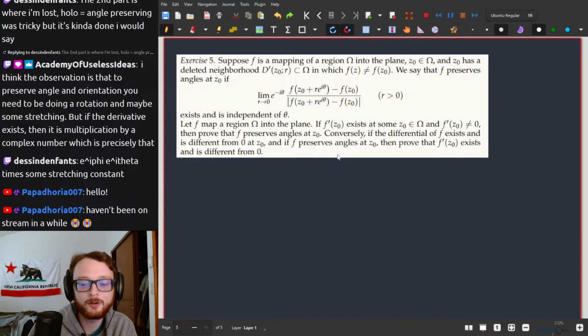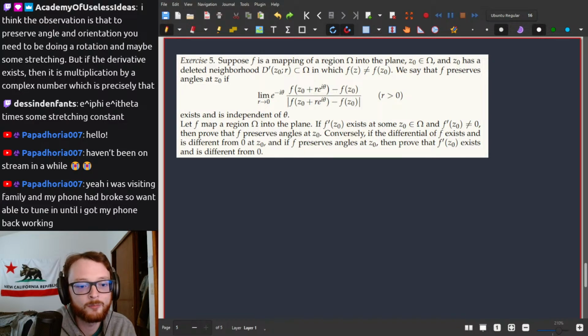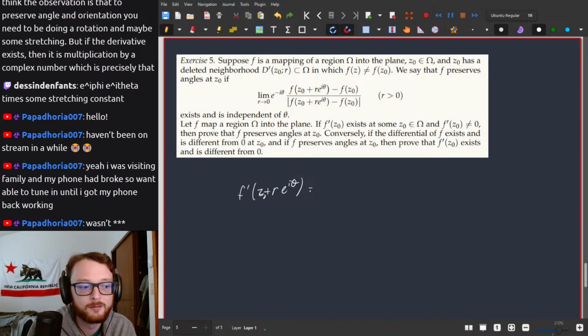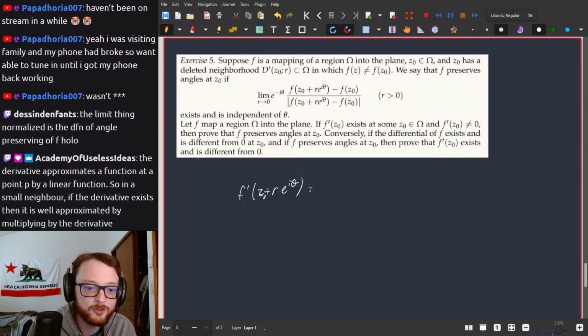Do we want to consider... Like, is the idea going to be something like f prime of z naught plus r e to the i theta is equal to... Oh, that's kind of tricky. I guess r is the only thing that's changing.